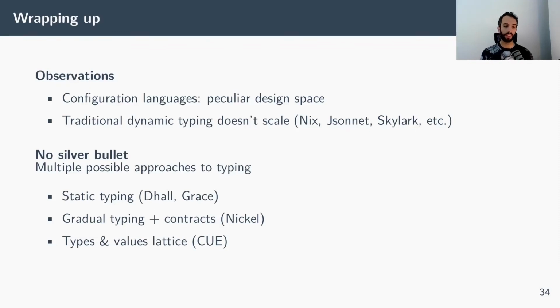Then there's Nickel that says, let's use typing, but we also want something more powerful to check the validity of configuration, to do validation. So we have contracts, but then with contracts, statically typing configuration code doesn't really make sense anymore. So we relax the typing to be gradual and allow both dynamic and static typing.